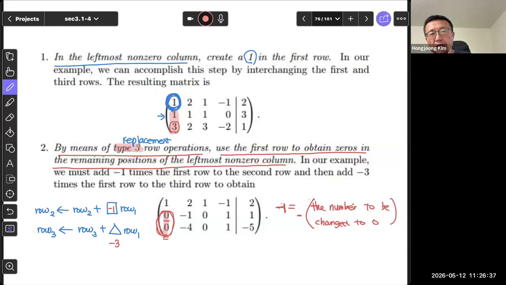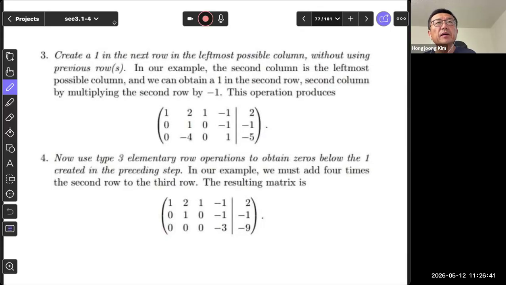Then, what is the next step? You go to the next row in the leftmost possible column. So what is the leftmost possible column? That is the second column. And what is the next row?